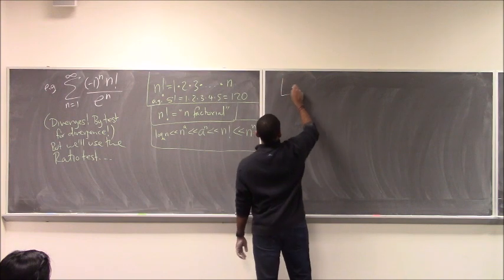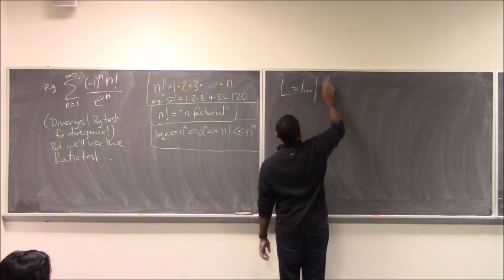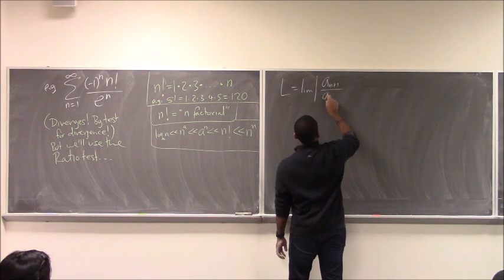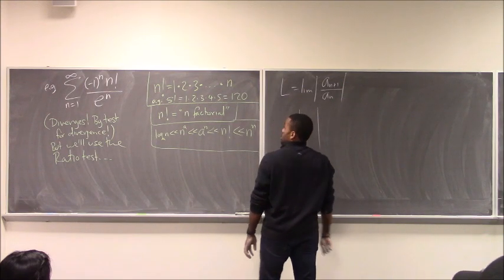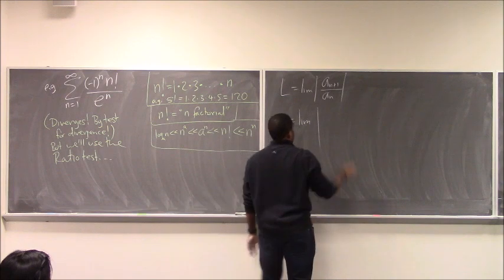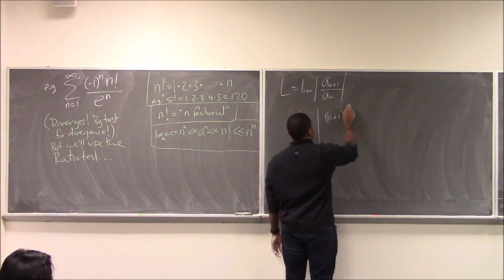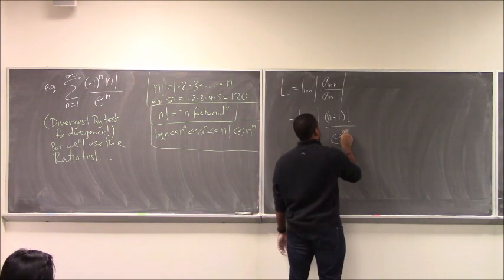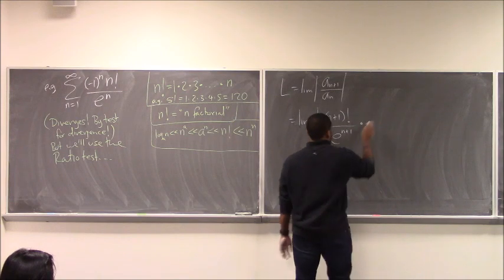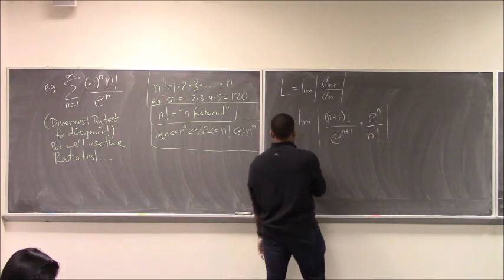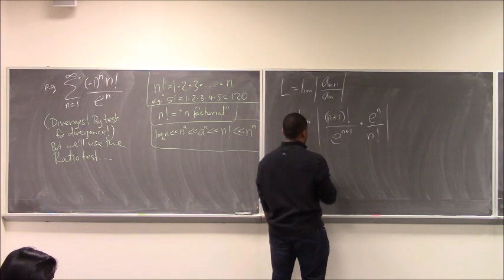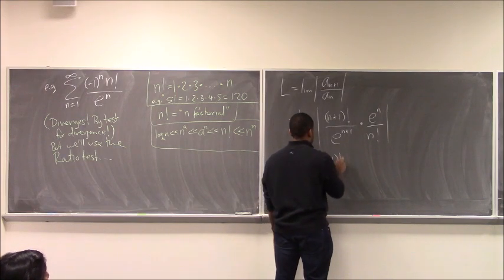So, if I set L equal to the limit of a_(n+1) over a_n, again, I can ignore the negative sign. This is going to be (n plus 1) factorial over e to the n plus 1, times the reciprocal of that. I will put these guys together.